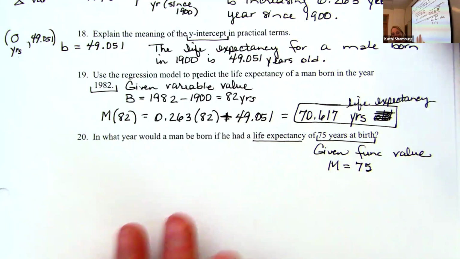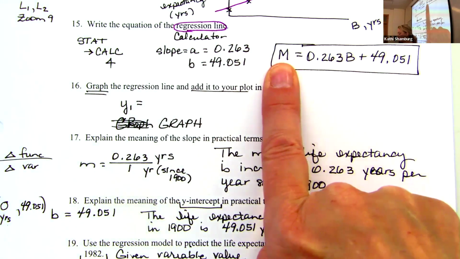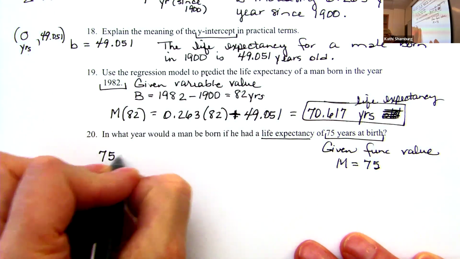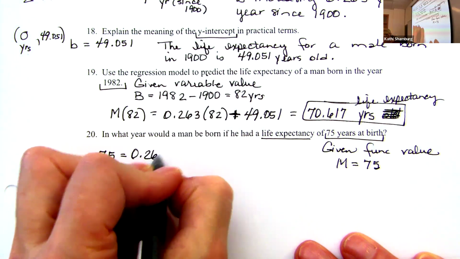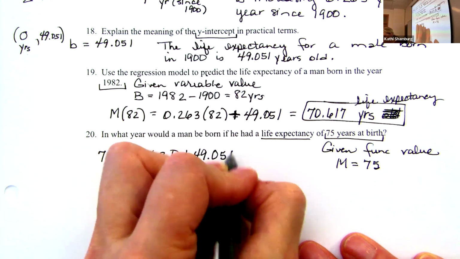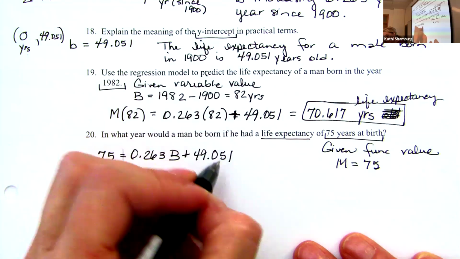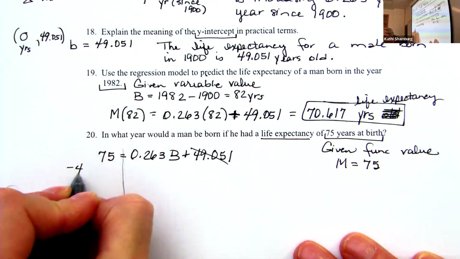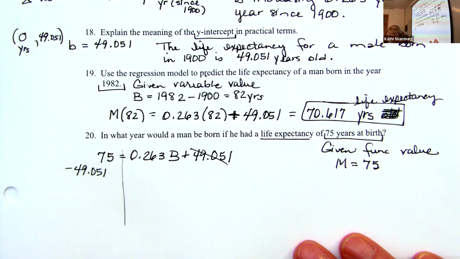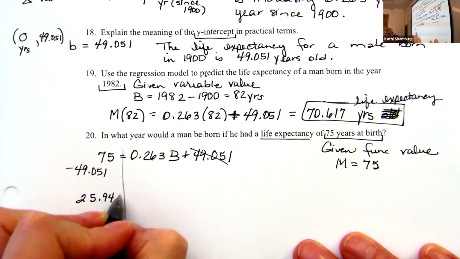Okay, so I'm going to use this formula, and in place of M, the function, I'm going to put 75. All right, so we're solving for B, so I'm going to subtract 49.051. That gives 25.949.